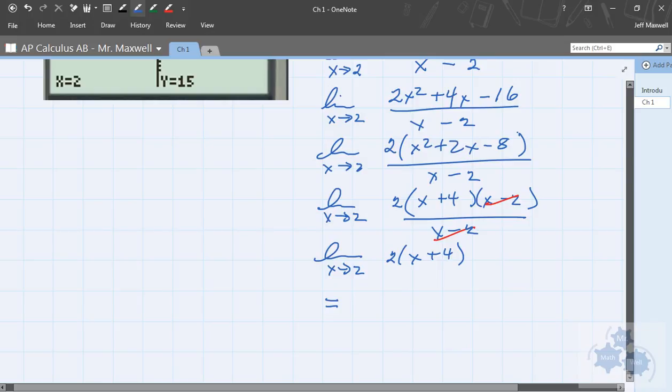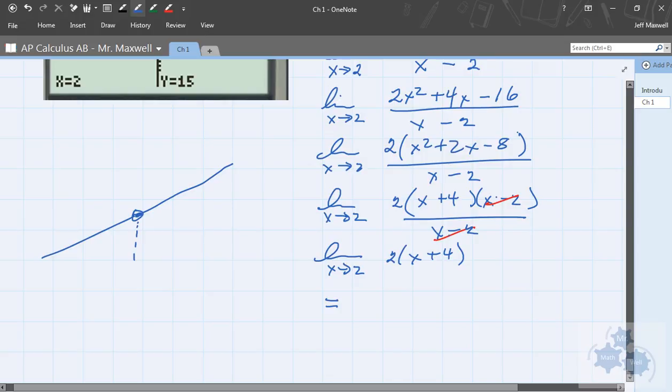Now we're going to have some kind of gap here, but if you plug x equals 2 into this, you're going to find out what that value in the gap is. Now that I've gotten rid of this factor, you're going to be able to find out what this number is. That's why we can simply plug the number in once we've simplified, because that would represent a gap. And what would the number in the gap be?